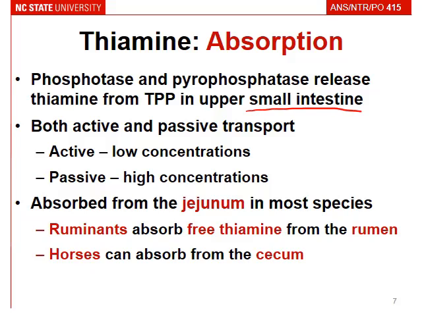We have both active and passive transport that occurs. So if we have low to adequate levels, we're going to have active transport. We're going to upregulate some transporters to make sure that we are able to maintain the amount of thiamine that we need.